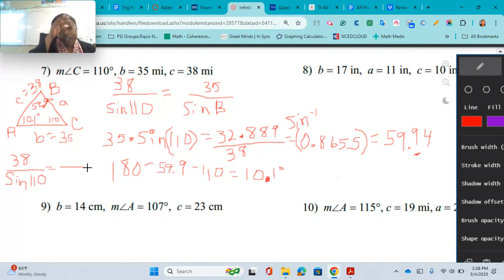Equals, if we are looking for the side length of A, what would the proportion be on the right side? A? Excellent. A over the sine of its angle, 10.1.